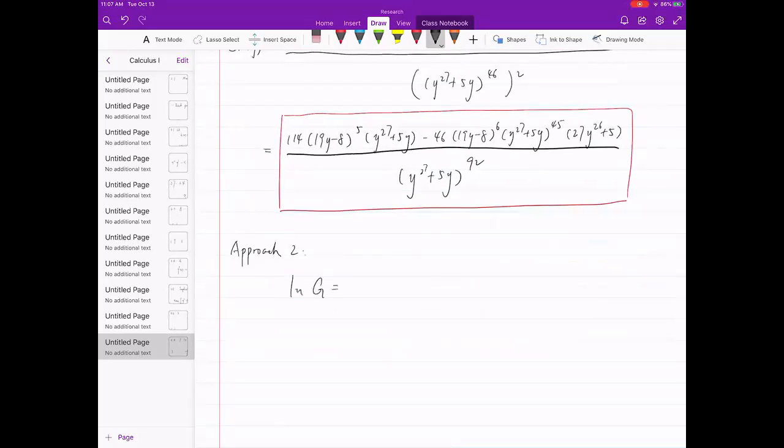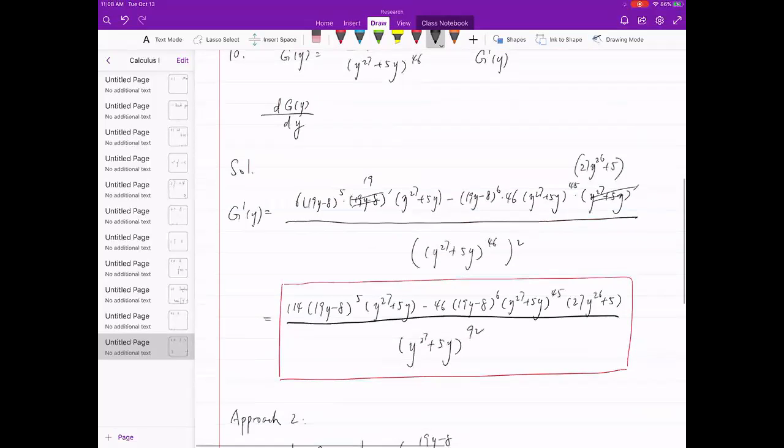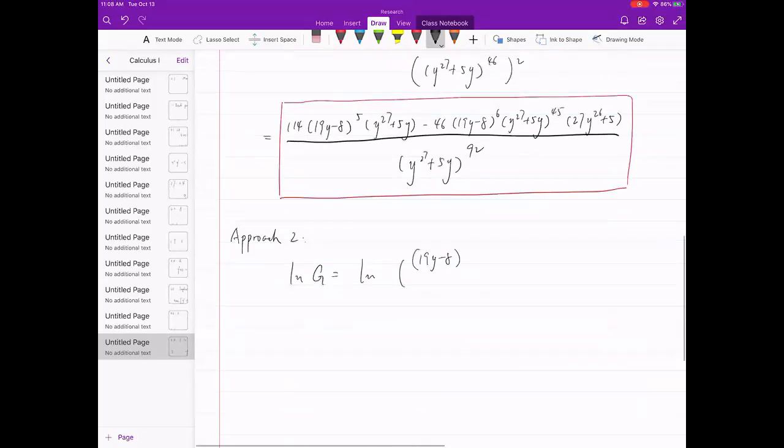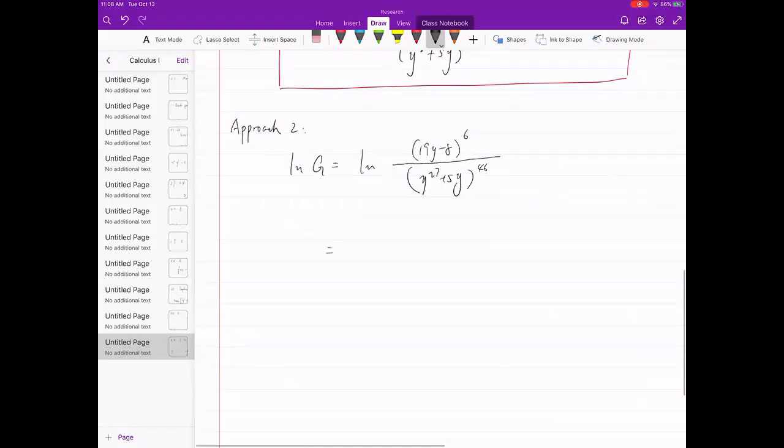If we just take the log, it's going to be ln... 6... 46. Okay. Now if you take the log, this one becomes ln(19y minus 8) to the 6 minus ln(127y) to the 46. Number 2, the 6 can go here, the 46 can go here. Still okay? Now let's finish.